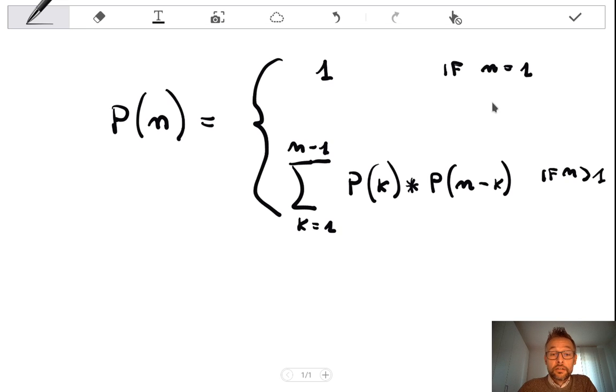Okay, now as usual, here we have a problem because we have written a correct equation for sure, but we don't know what's going on here. So what if we want to build up a closed version of this function? Namely, we want to remove the recursion for the function itself.